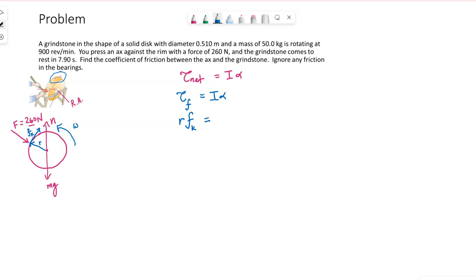So this has to equal I alpha. It tells us this is a solid disc, so going to the table, I would say this is 1/2 mr squared. So one of the r's cancels, and the friction force will be mr alpha over 2.